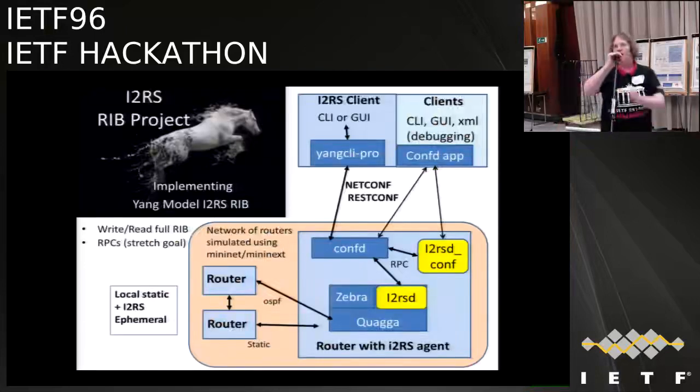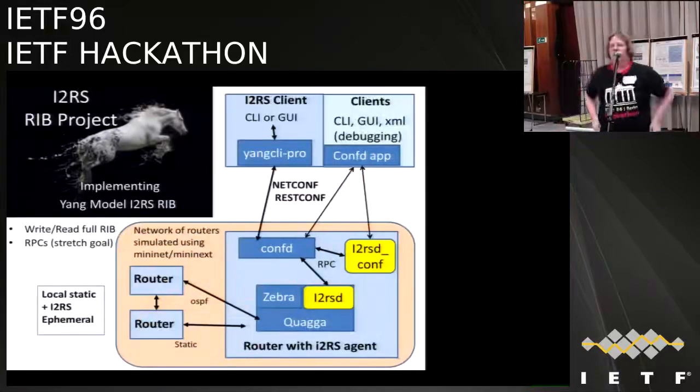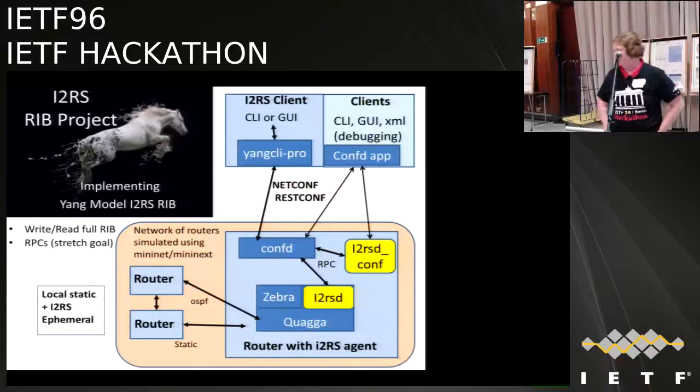Oh, okay. This is I2RS. We're in our progression of trying to get one initial I2RS model up and going. We are working to get an implementation that was first created in the ConfD environment and where Yang models from Yang CLI Pro or from the ConfD.